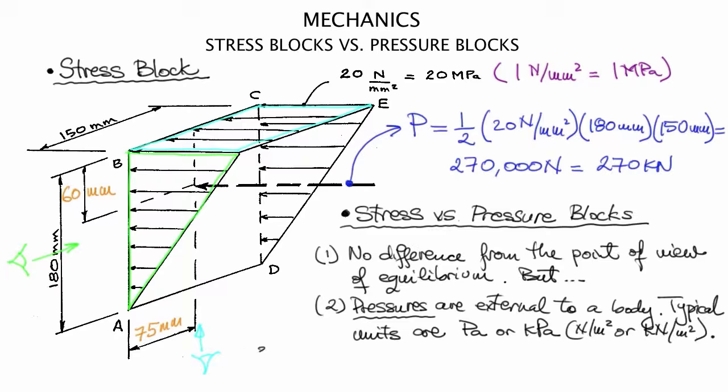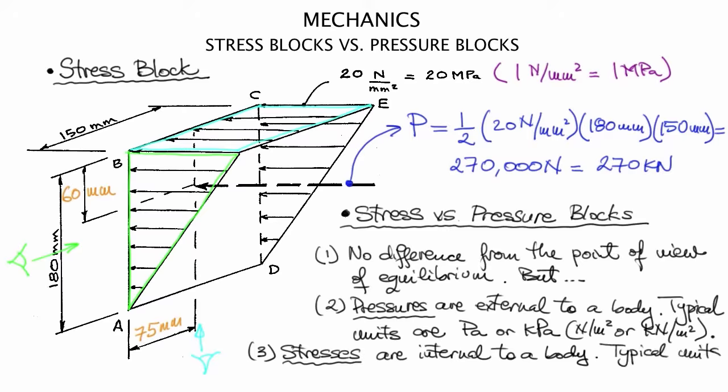On the other hand, stresses are pressures but that are internal to a body. They are generated because of various actions that occur outside of the body. Now, the typical units for stresses are megapascals or newtons per millimeter square, in order to get nice numbers without too many zeros in terms of order of magnitude.